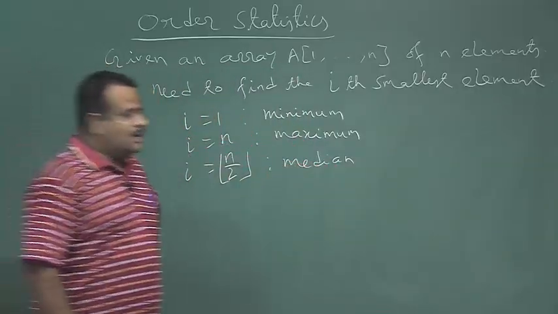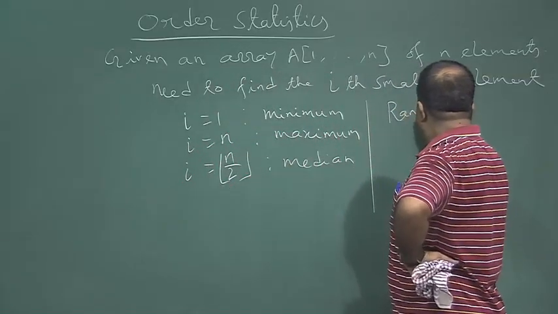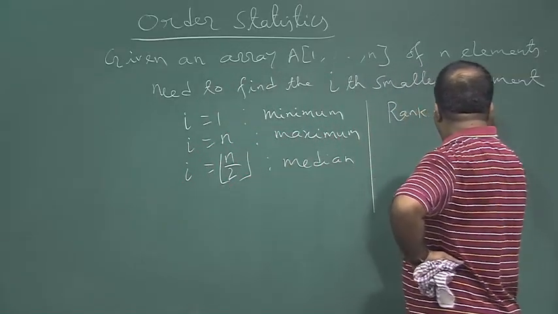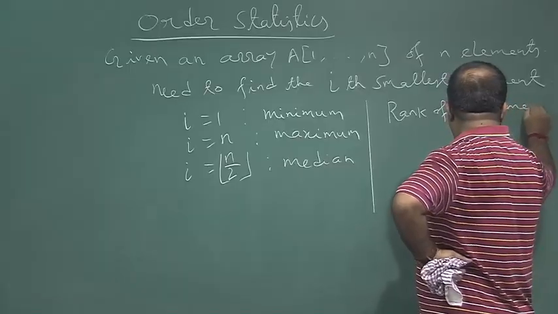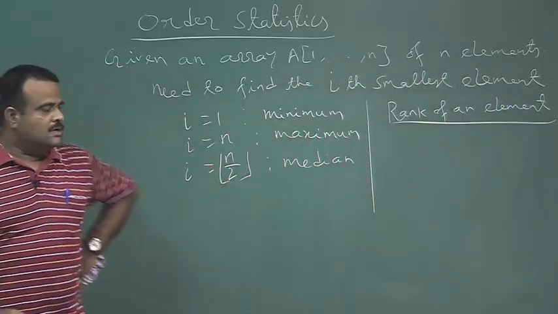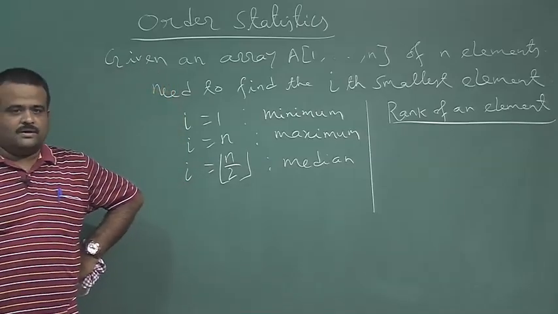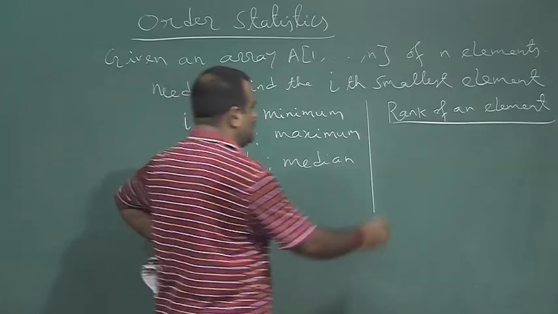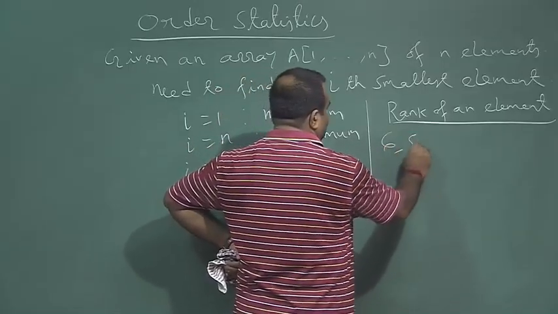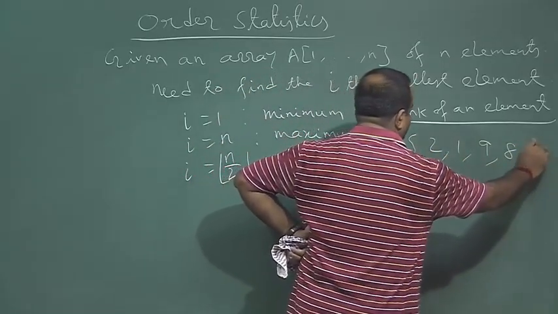Okay, so we define the rank of an element in an array. Rank of an element means the position of that element in a sorted array. Suppose we have the numbers 6, 5, 2, 1, 9, 8, 7.